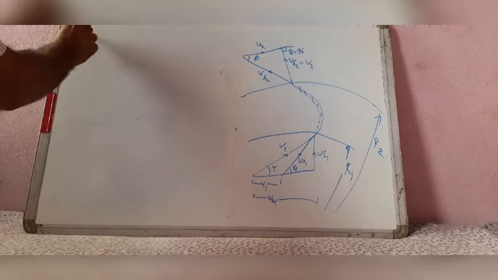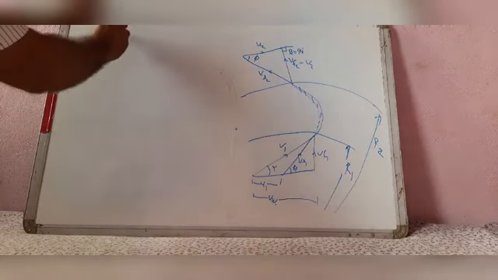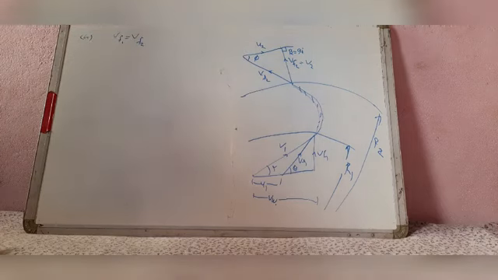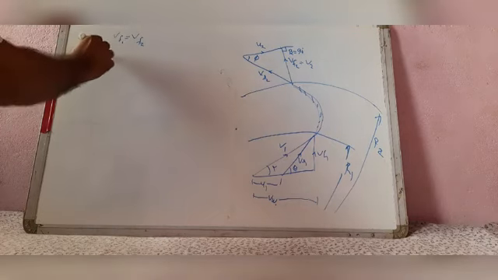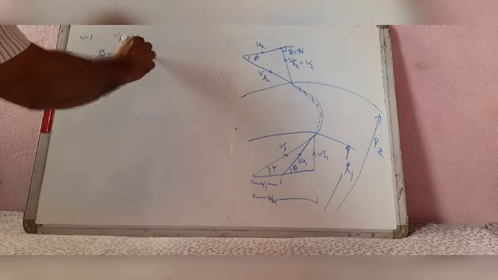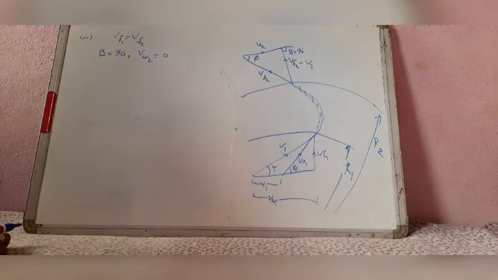Next, given in this question, the velocity of flow is constant through runner, that is Vf1 equal to Vf2, and the discharge is radial at outlet, that is beta equal to 90 degree, and Vw2 is given 0. These data have been given.